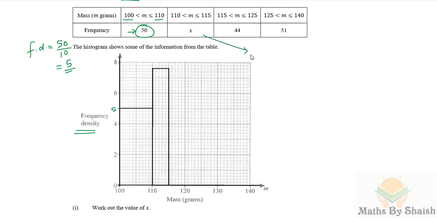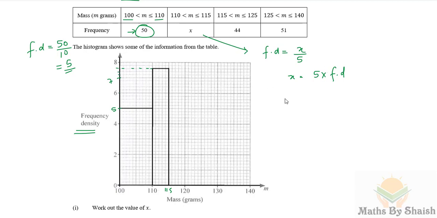So if we calculate the frequency density for this interval, FD, frequency density, for this interval is frequency upon the width of the interval, and 115 minus 110 is going to be 5. So the x value would be 5 times the frequency density corresponding to it, and we can see from 110 to 115 the frequency density, according to this value given, is 7, and there are 5 gaps, so 7.2, 7.4 and 7.6.